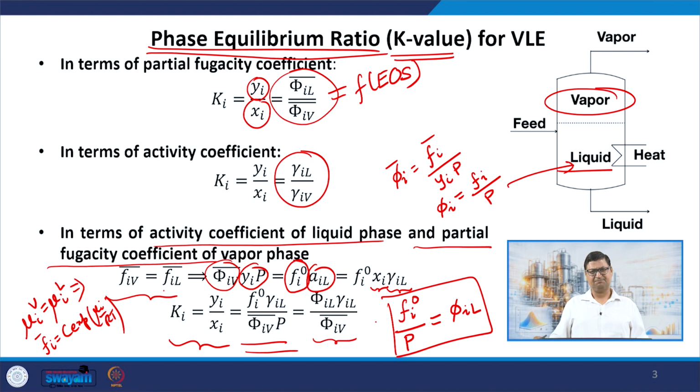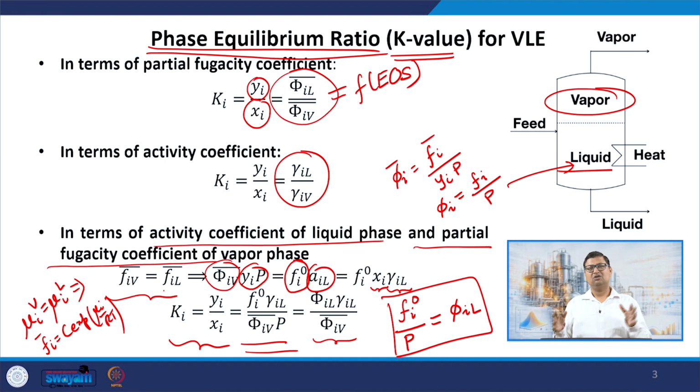Keep in mind that we need not get confused by this language. Eventually all these relations are coming from the equality of chemical potentials only. The only reason why I am discussing them is because in literature sometimes the equations of state are expressed in terms of the partial fugacity coefficient for the vapor and the activity coefficients for the liquid, right?